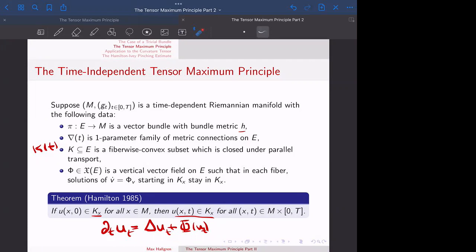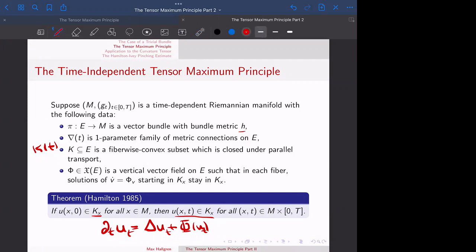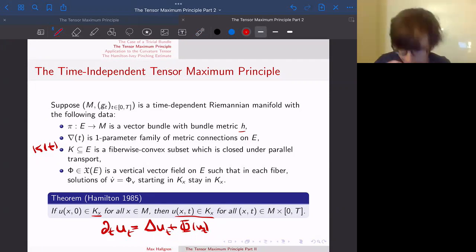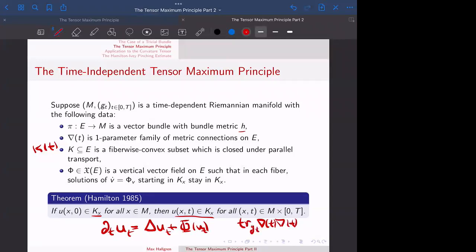So you have the metric on the tangent bundle, and separately have this metric H on your other vector bundle, right? Yeah. So what I mean by this Laplacian is it's actually nabla of t squared, and then we take the trace with respect to g sub t. Right.